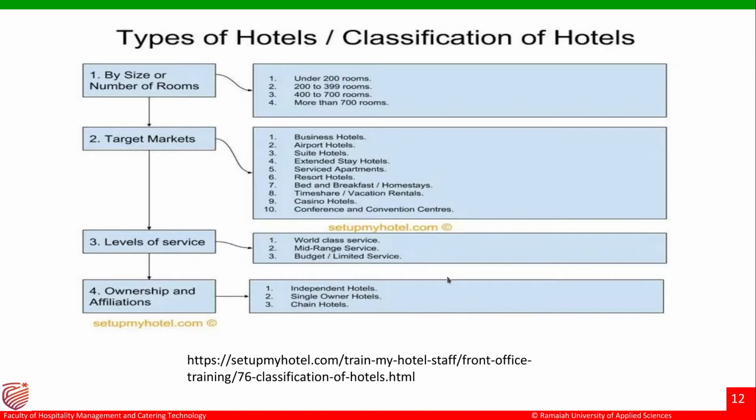So based on type of ownership and their partnerships, the hotels are categorized. So when we talk about chain hotels, Marriott, Taj, ITC are known as chain hotels. Whereas when we say single owner hotel, Leela Group can come under this category.